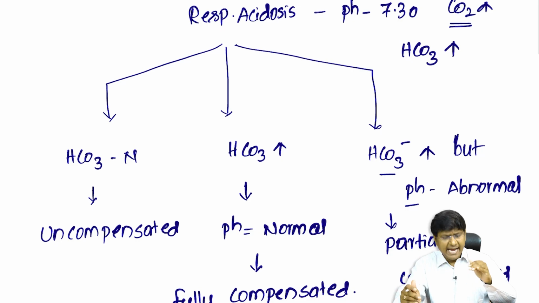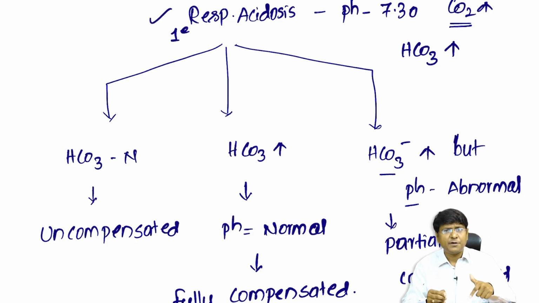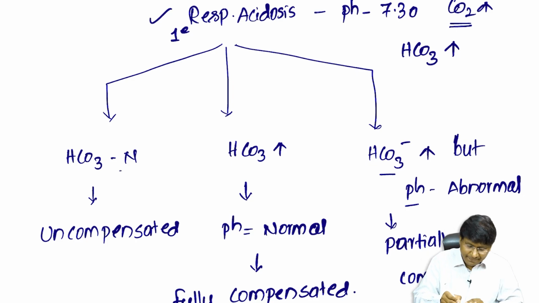You can apply the same rule for respiratory acidosis, respiratory alkalosis, metabolic acidosis, and metabolic alkalosis. For all of them the same rule applies. That means this is your primary disorder. In response to the primary, if the compensatory event is not changing at all, we use the word uncompensated.